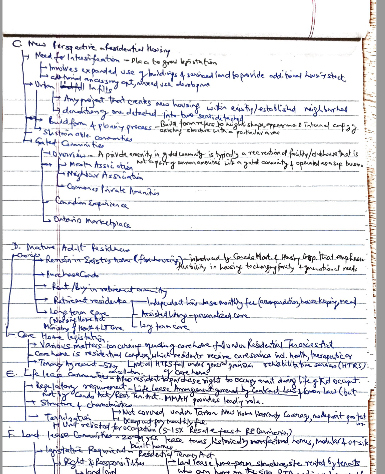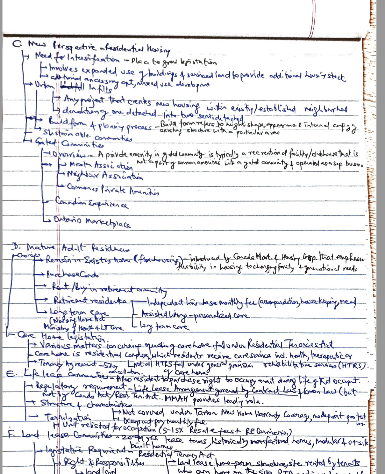So with regards to long-term care, there's care home legislation, which essentially means that various matters concerning the operation of care homes fall under the provision of a Residential Tenancy Act.